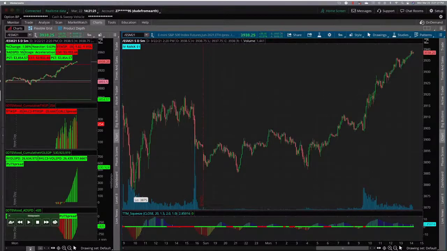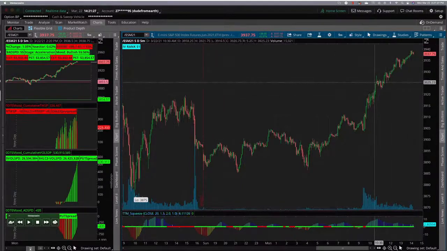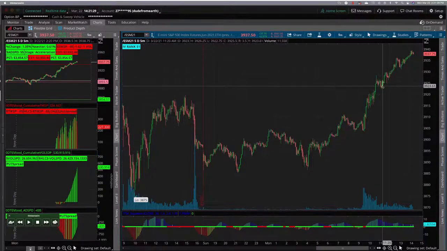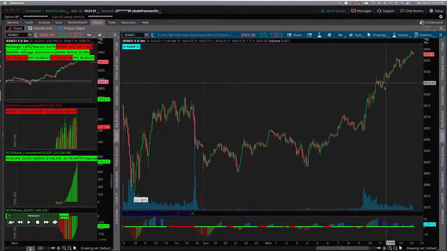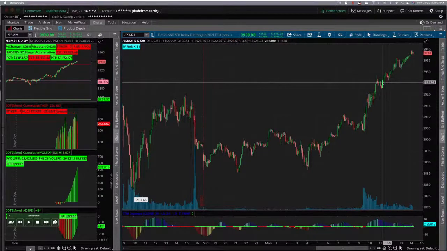Now, I got out kind of early, and I could have stayed in. I thought it would go this high, but at the time, in the pullback and consolidating a bit here, I felt like, well, maybe I can just take my profit there. So I only took about $3 of the available $11.